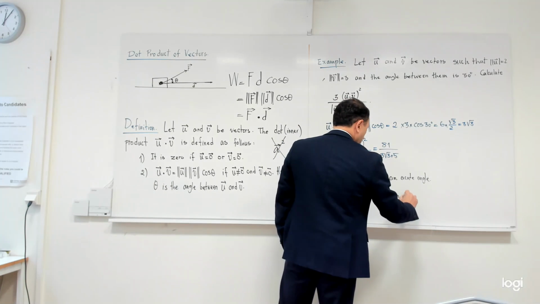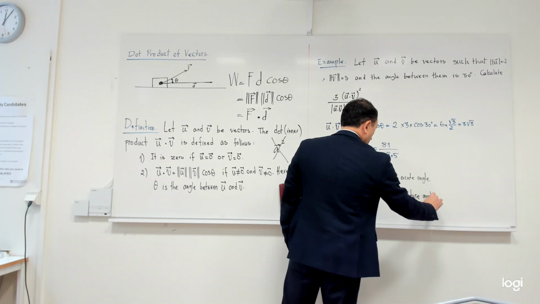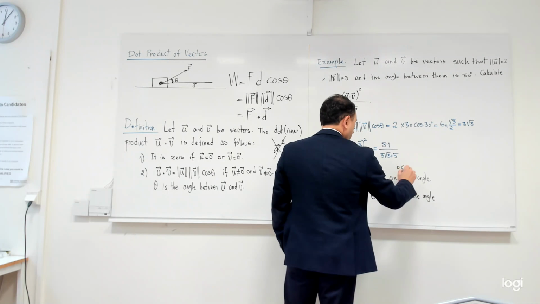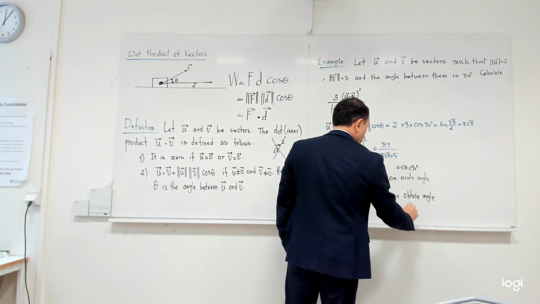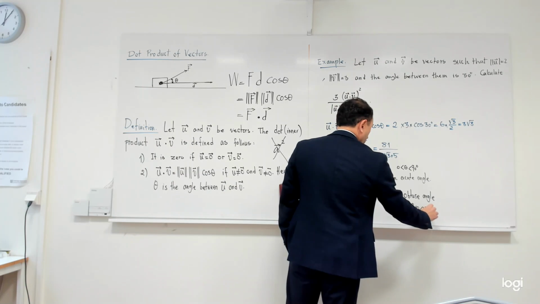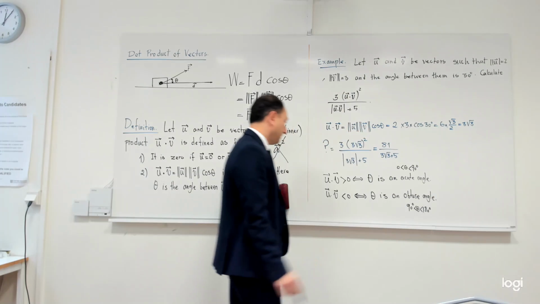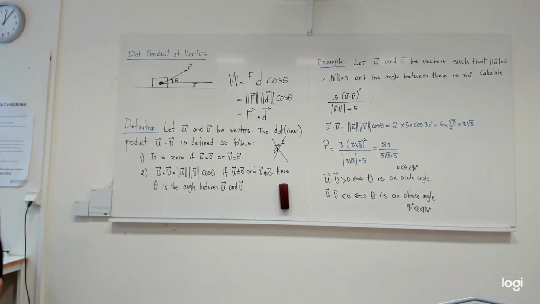Yes? So acute means between 0 and 90. Obtuse means after 90 but before 180. Yes, these are the words that we use. So first of all, that's completely clear that it could be negative.